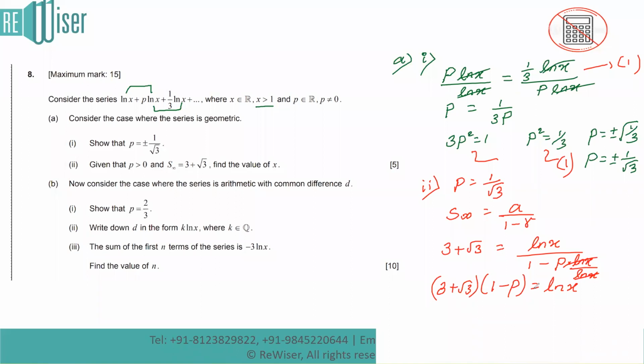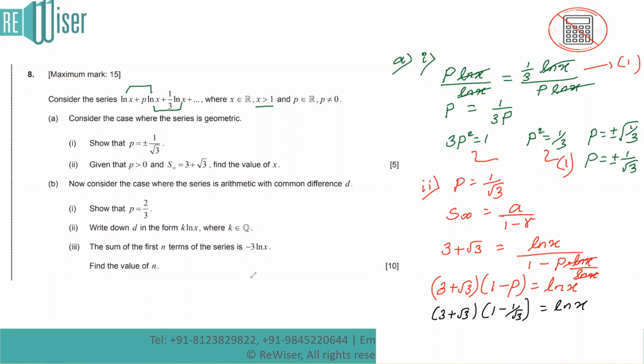When I substitute p, which we got as 1 over root 3, I'll be having 3 plus root 3 into 1 minus 1 by root 3, and this is ln x.